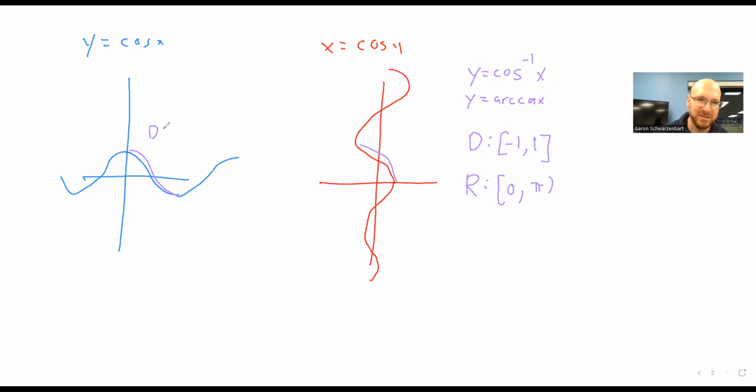Again, looking at this one, 0 to π. My range for all cosines that don't deal with transformations, and we're not going to deal with transformations on these, is negative 1 to 1. That's inverse cosine. Calculations work functionally the same as your sines. You just use the unit circle and you have quadrants 1 and 2 for cosine.